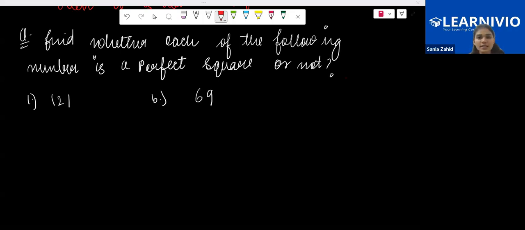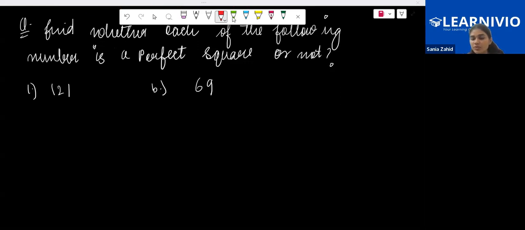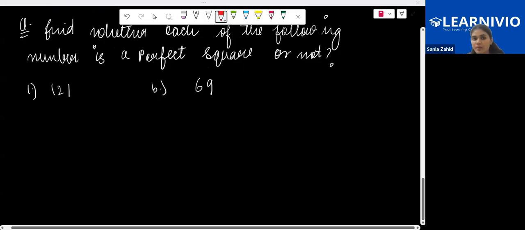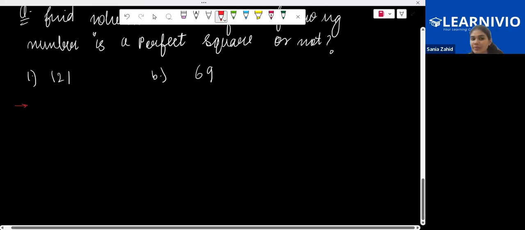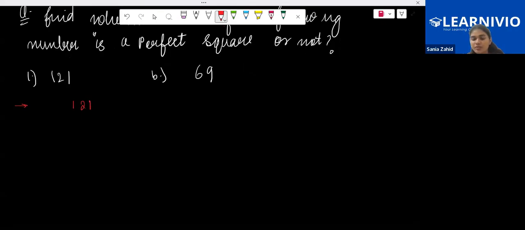Okay, children, so we shall start discussing. If you look at the first question, it is 121. So what method will you use to check if it is a perfect square or not? Ma'am, repeated subtraction. Yes. So by repeated subtraction, you have 121 minus what? Tell me the solution, Mustafa.